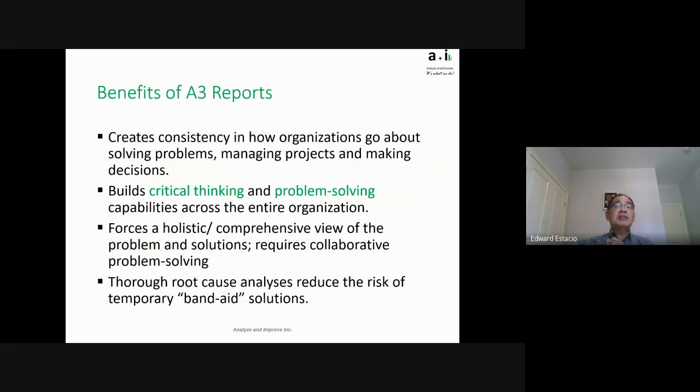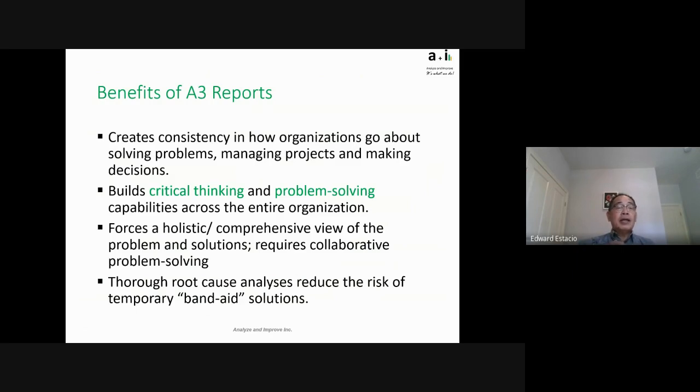It creates consistency. Again, if everyone is using it, it's consistent throughout the whole organization, and we try to solve problems consistently. It builds critical thinking. If you look at actual data, then it builds critical thinking on what the real issues are.